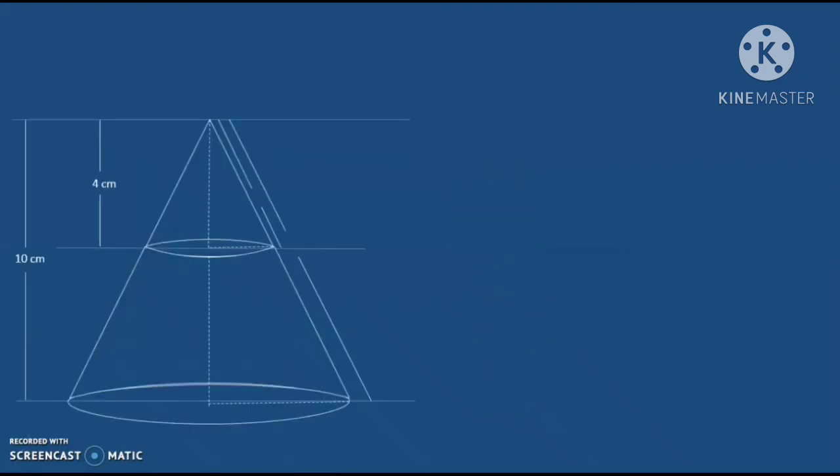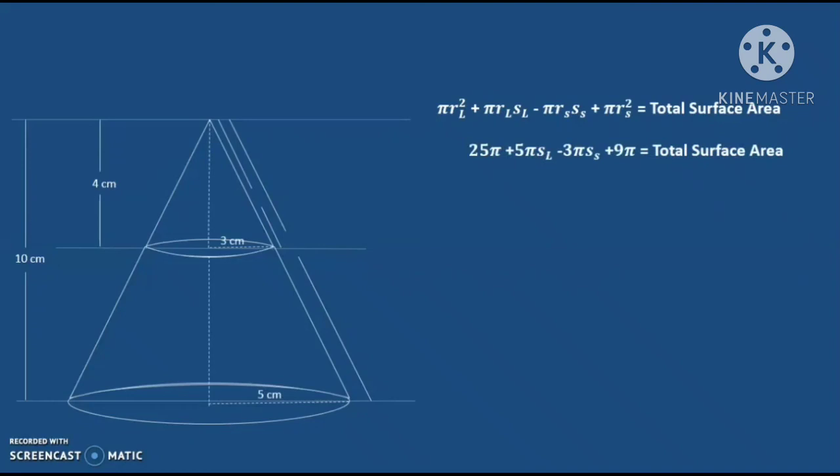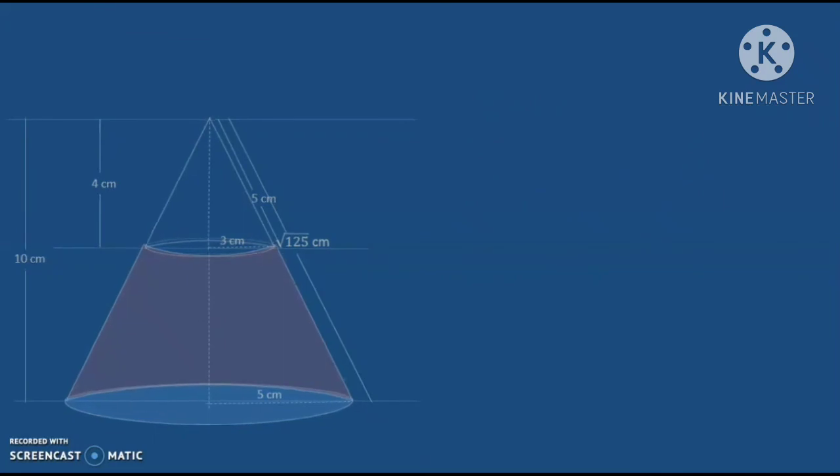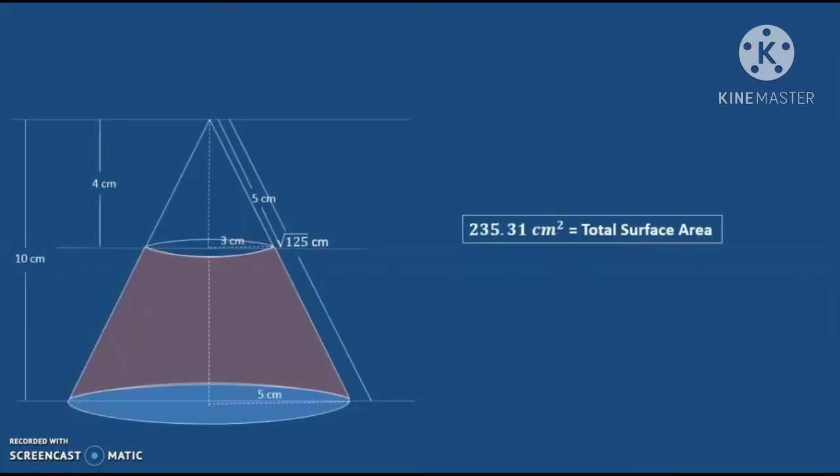Good. So now that we have all our values, let's plug these numbers back into the equation that we made for ourselves. Now if we simplify all this by putting it into our calculator, we get a final value of roughly 235.31 cm² as our total surface area for this section.